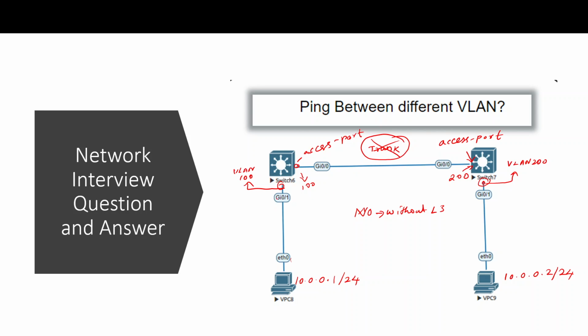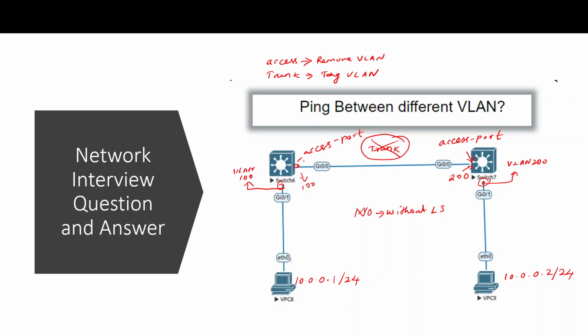So what happens between access and trunk? We know that with access, when it exits the interface, it removes the VLAN tag, whereas with a trunk, it tags the VLAN.